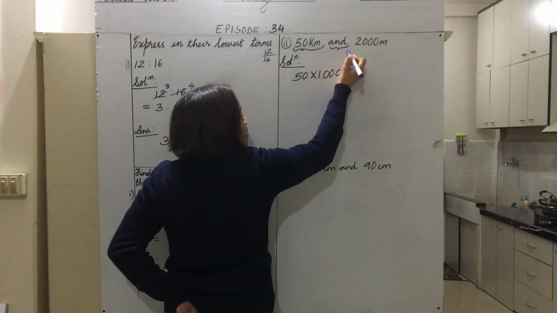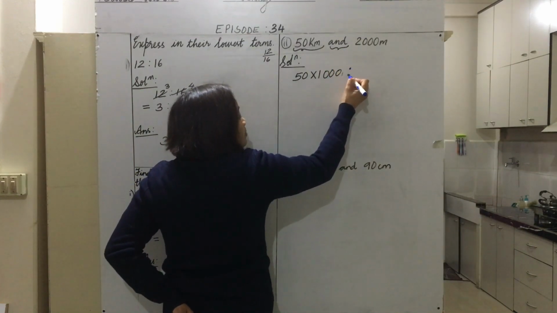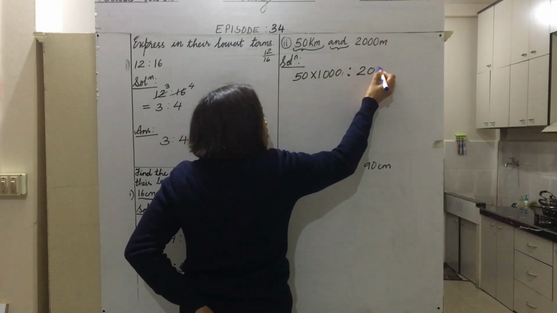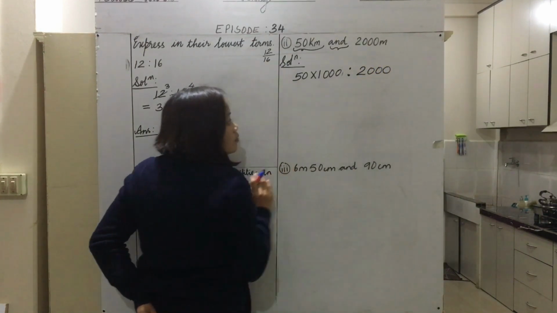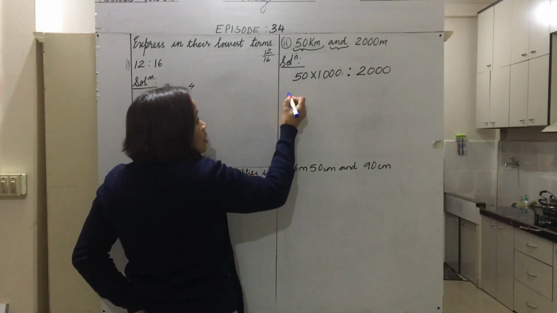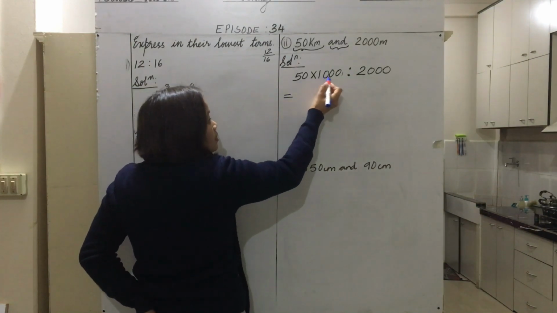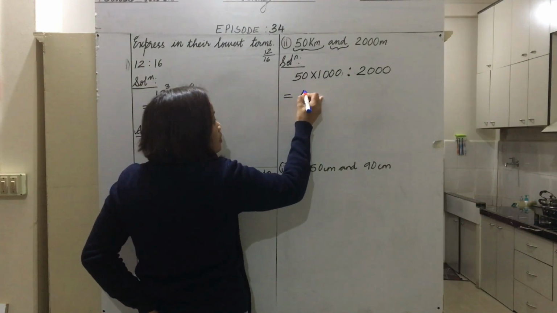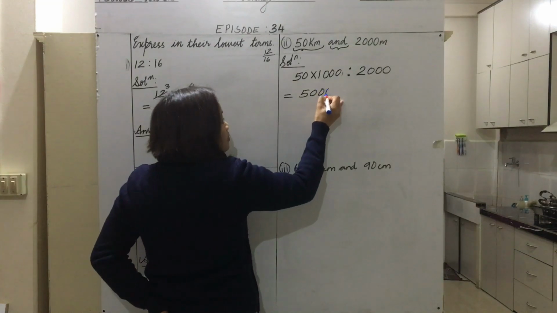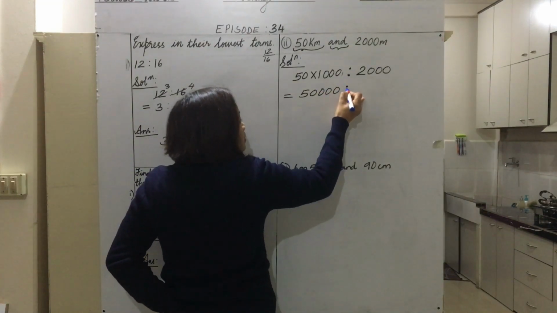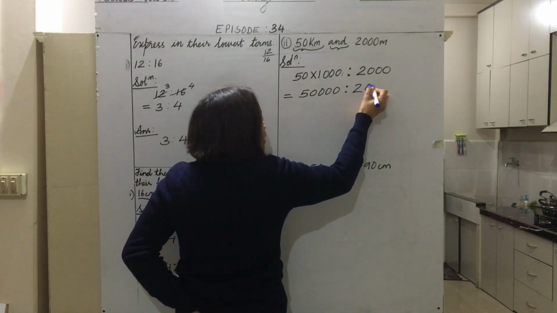Instead of and, we put the is to symbol. Then 2,000 meters is already in meters. Then 50 multiplied by 1,000 is 50,000. Is to symbol. Then 2,000.